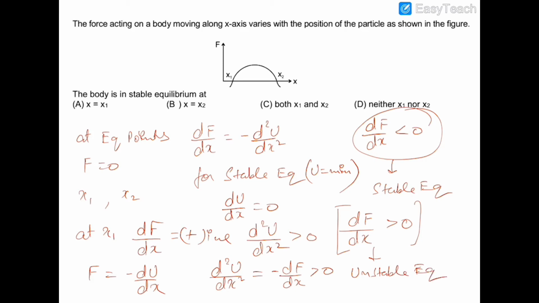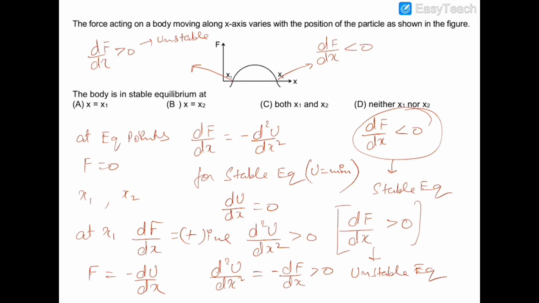So at this point x1, df by dx is greater than 0. Therefore it is unstable equilibrium, and at this point x2 df by dx is less than 0.